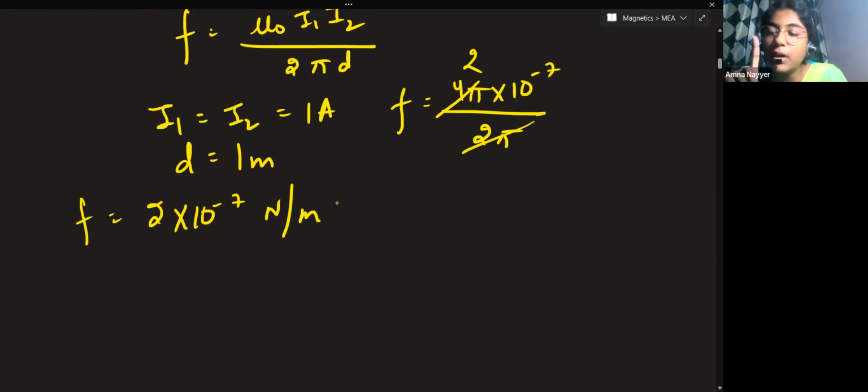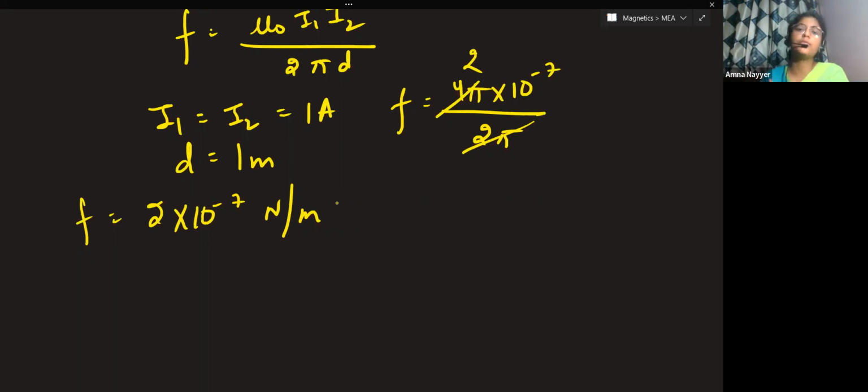So what is 1 ampere? 1 ampere is basically that current which, when flowing through two long conductors separated by 1 meter, attract or repel each other and produce a force of 2 into 10 to the power minus 7 Newton per meter, per unit length. You can define the 1 ampere in this way.